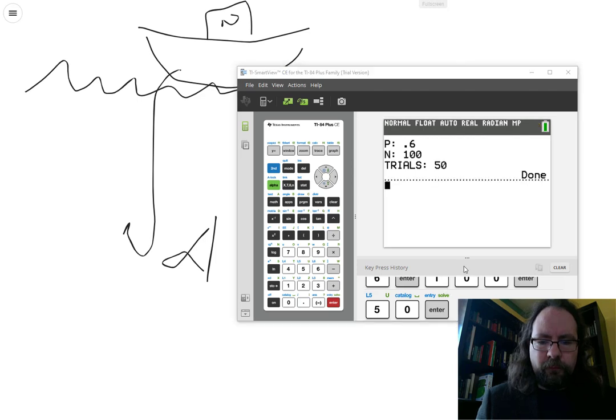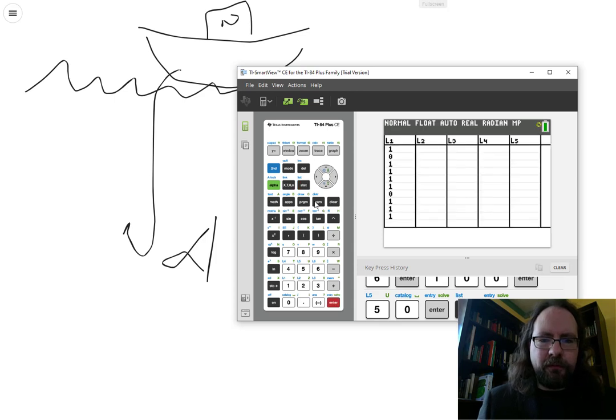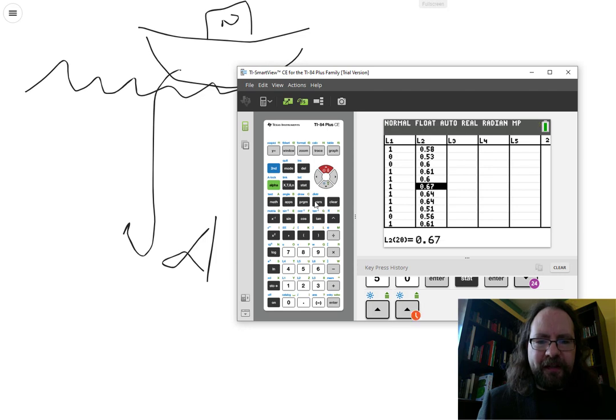All right, our calculator's finished working. It again stored all of my proportions in L2, so I can take a look at them here. Again, they look very clustered around 0.6. But as I scroll through, I'm seeing fewer 0.4s. I'm not seeing a whole lot of numbers that are further away from 0.6.